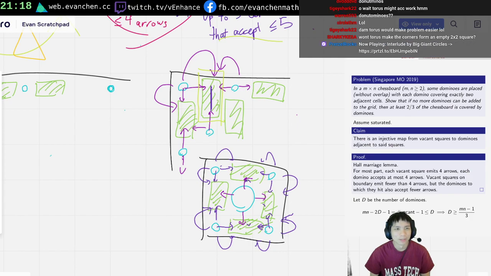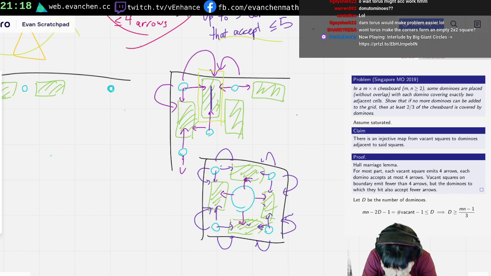Yeah, the corners would form a 2x2 square. It wouldn't be good. Disaster.